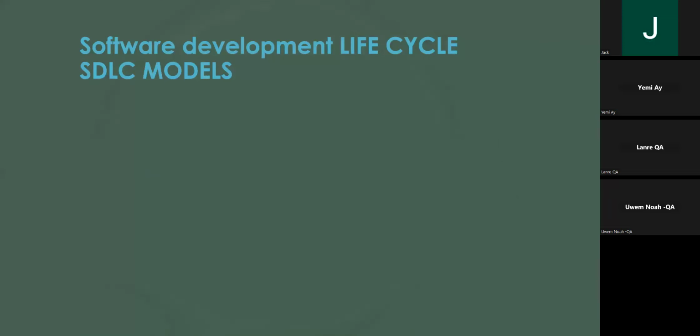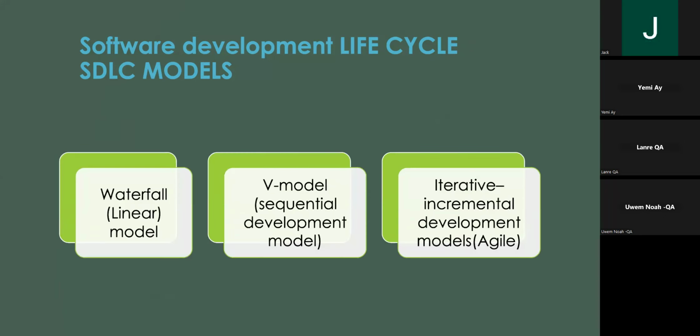So, software development life cycle models. We have the 3 major ones that we use. The 3 major ones are waterfall, which is a linear model, V model, which is a sequential development model, and the iterative incremental development models, which is agile.